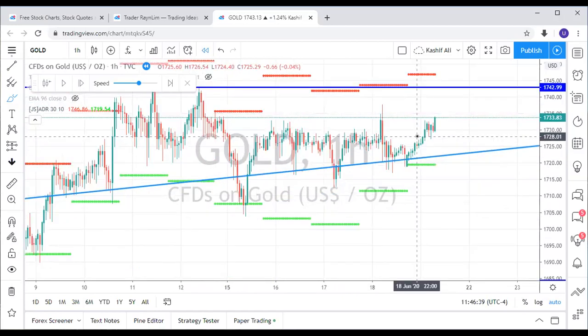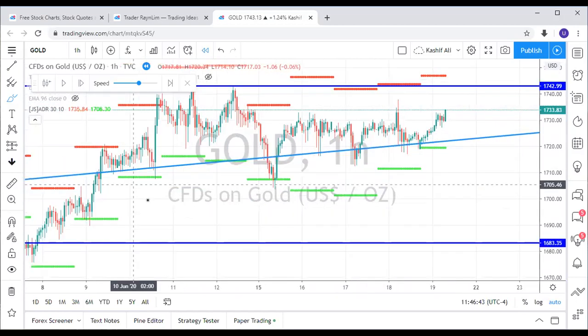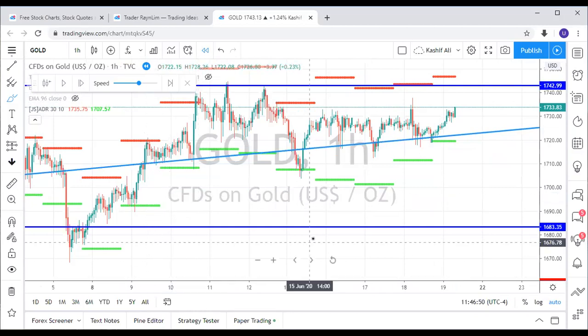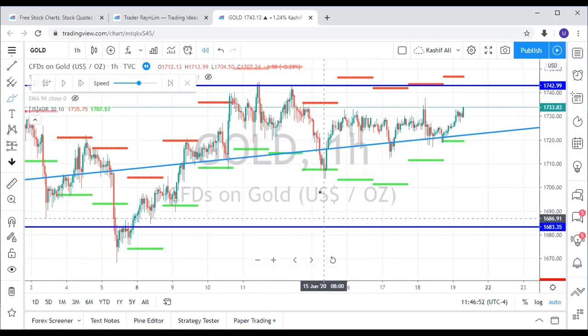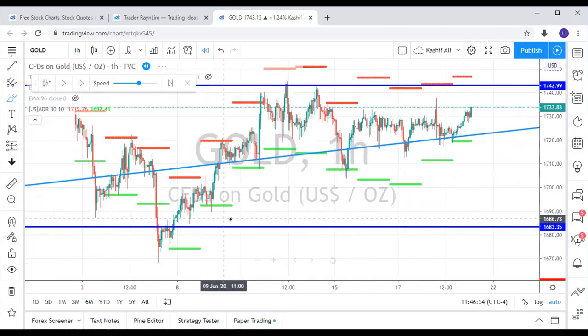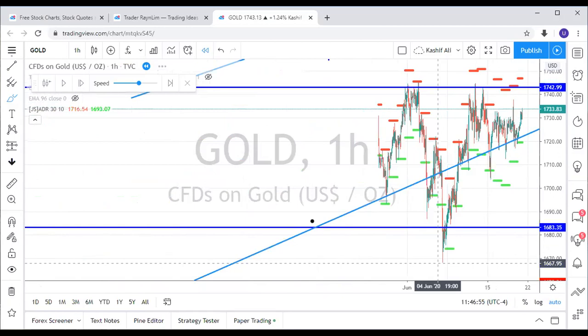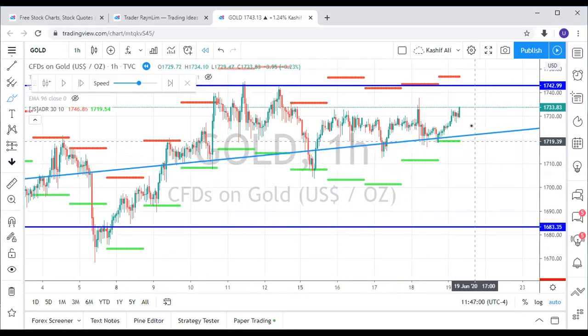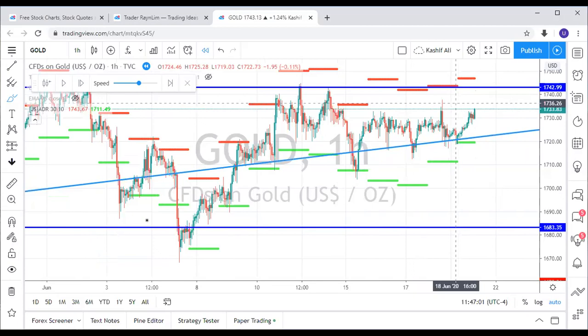So I advised all of you to let it go. Another thing that confirms the market is making a higher high: the market is bullish because it is constantly making higher lows and higher highs. It's constantly moving up the channel.